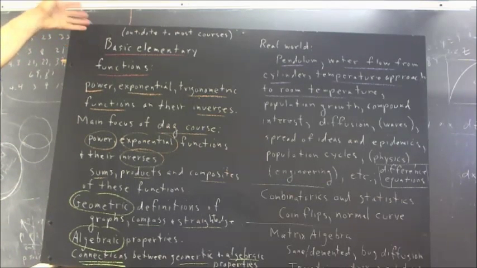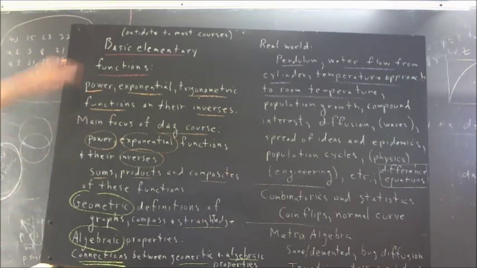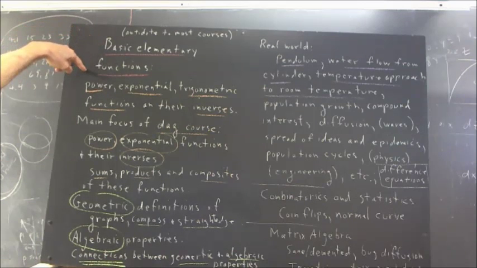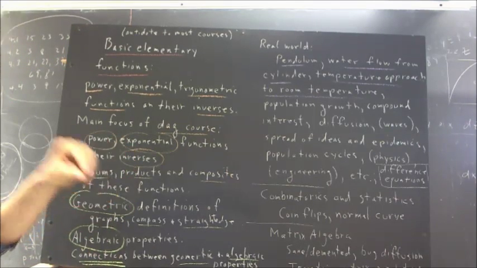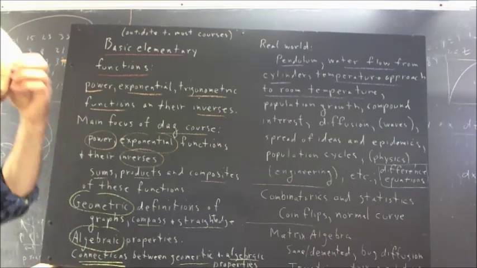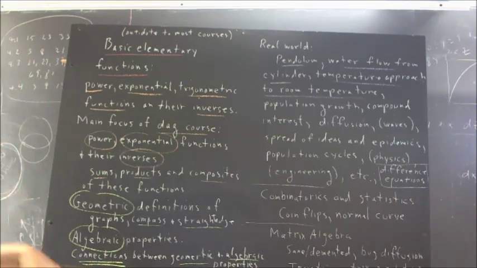Okay, so the first cornerstone is basic elementary functions. Basic elementary functions include basically 3 kinds of functions, and we're going to concentrate on 2 of them. In the very last week of class, we'll touch on the trigonometric functions.